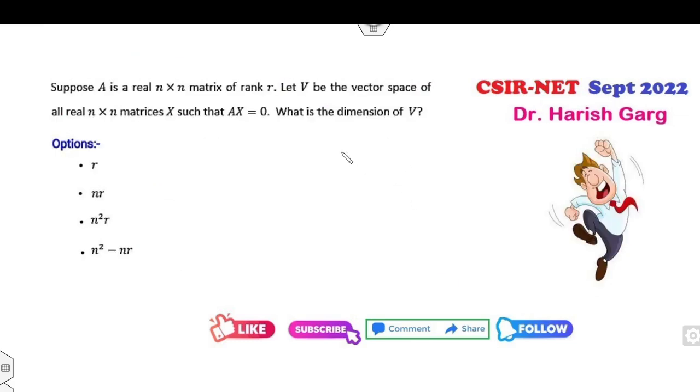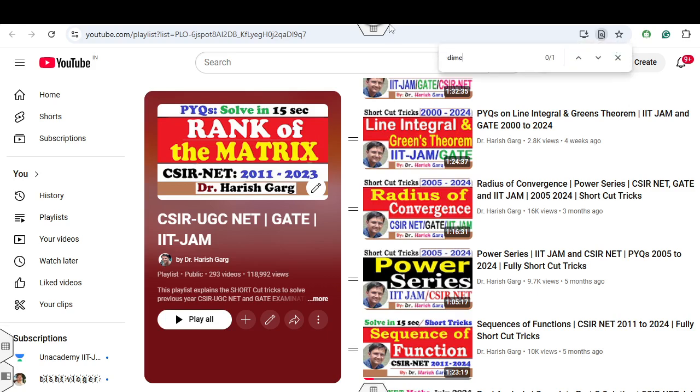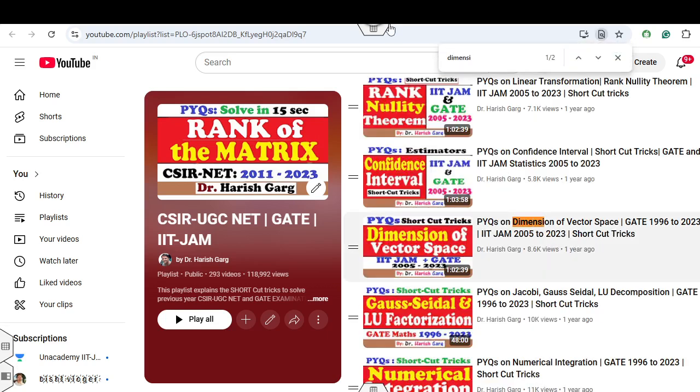Okay, look at another one. A is an n cross n matrix. Your target is to find the dimension. V is the vector space consisting of all those n cross n collections such that Ax is equal to 0. Very simple. Fine, I will tell you the shortcut trick. Always remember, you can watch my lecture on dimension of the vector space.